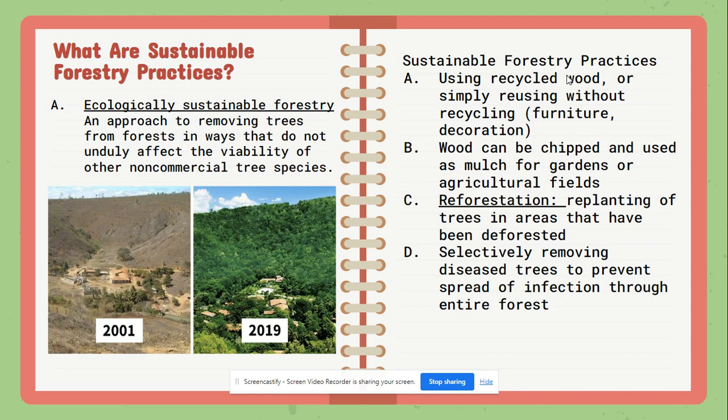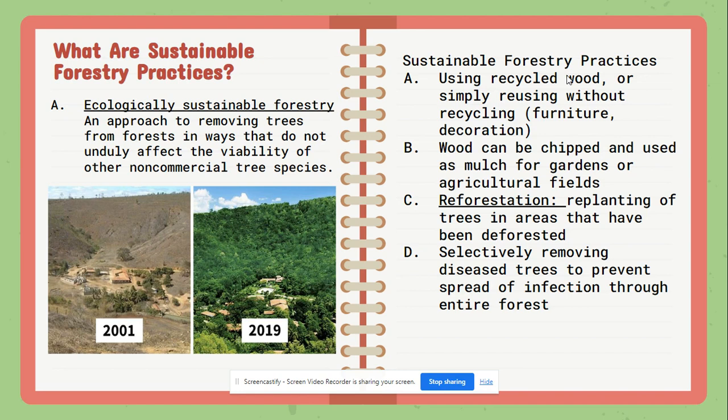Some other practices, especially as consumers, that we can do to limit the amount of wood or paper products we might need would be to recycle any wood products that we already have. If there's furniture that is broken and unfixable, it's good to recycle that type of wood, or even try to fix it as best as we can.